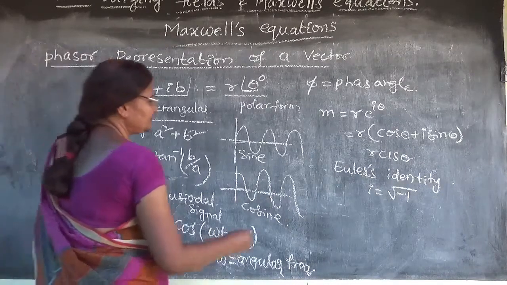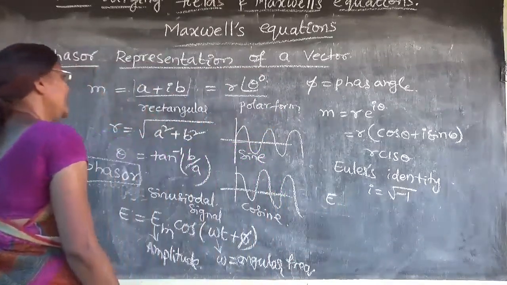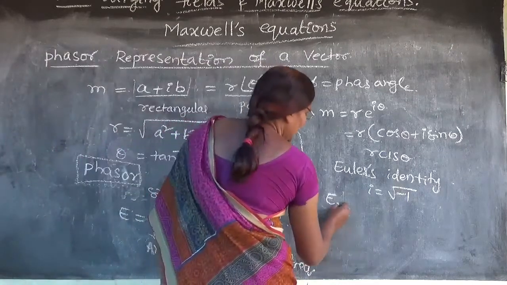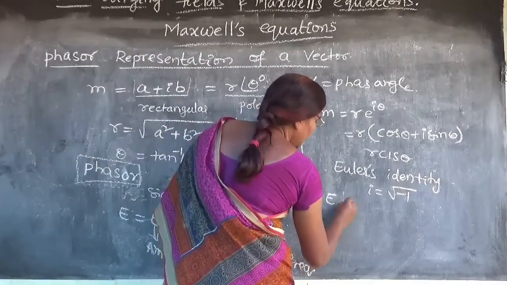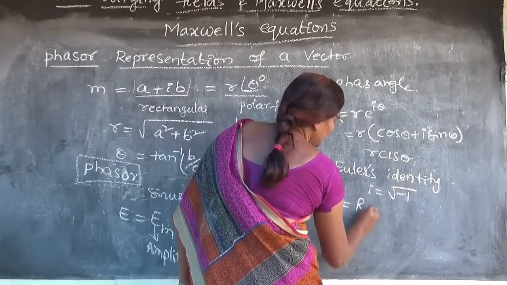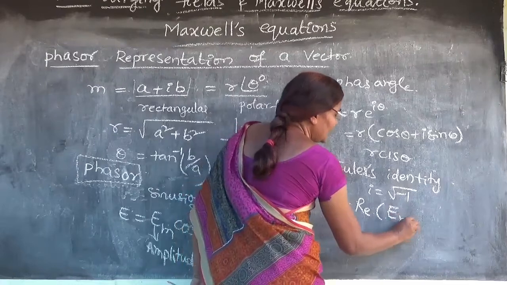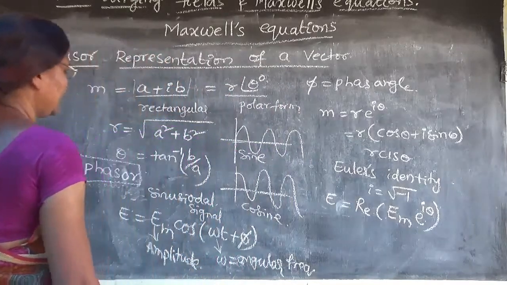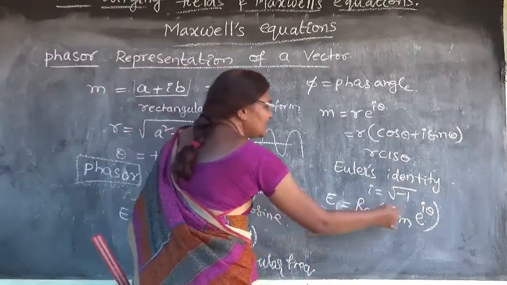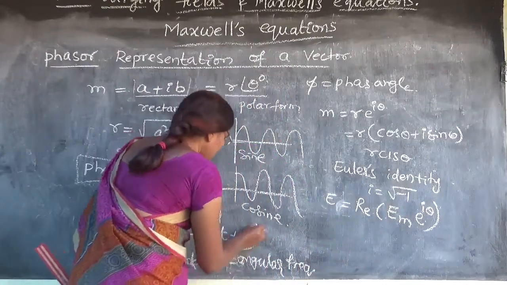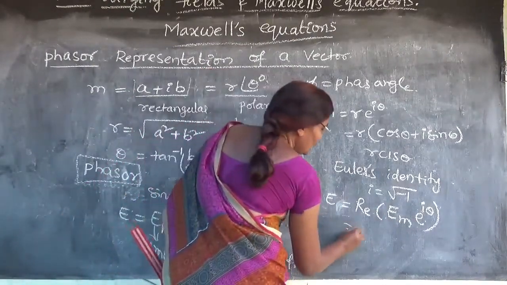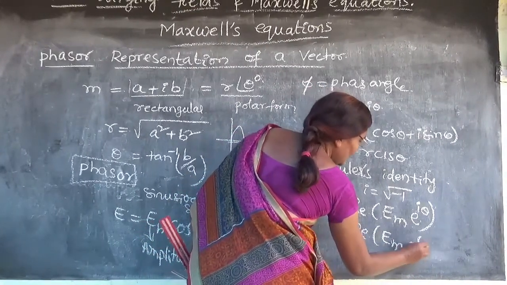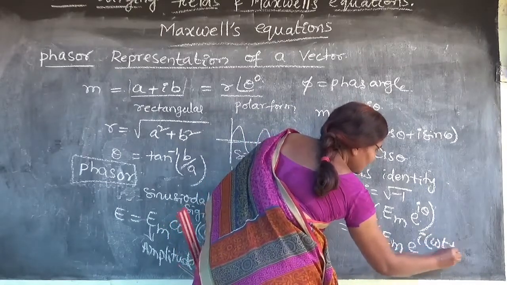If I write E is equal to the real part of Em e to the power of i theta, then what will this theta be? This theta is going to be omega t plus phi. So it will be Em e to the power of i (omega t plus phi).